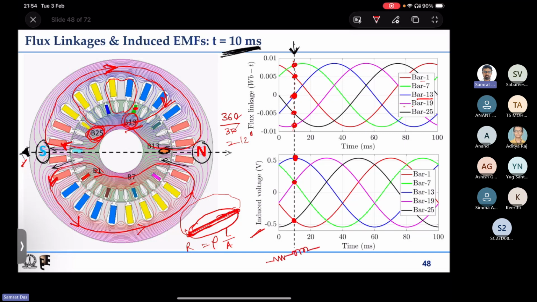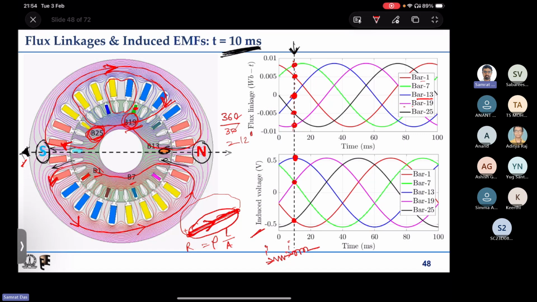Why in series? Because whatever current is responsible for the resistive drop is the same current responsible for the energy stored in the magnetic field. So the same current goes through both, and a series RL circuit can represent each bar from an electrical standpoint.